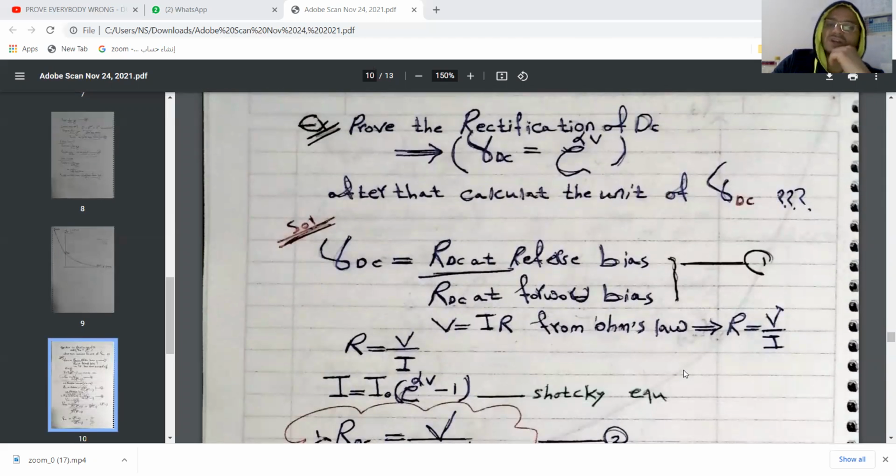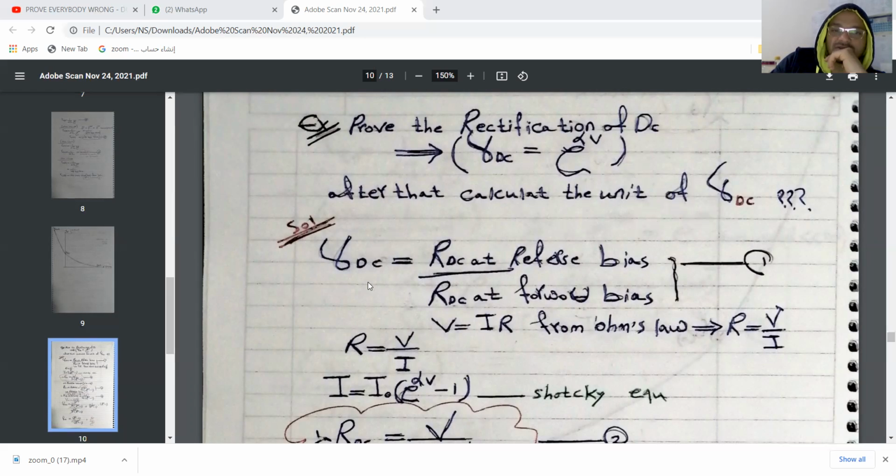Proof. Now let's try to calculate the rectification of dynamic resistance. Rectification, that means we will use this later. Dynamic rectification equals exponential alpha V. After that, calculate the unit of dynamic rectification.